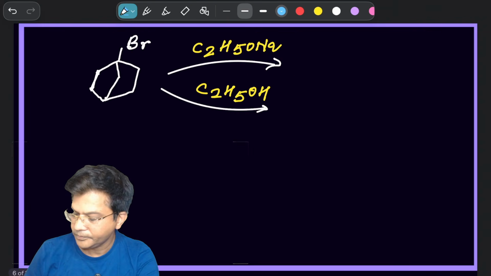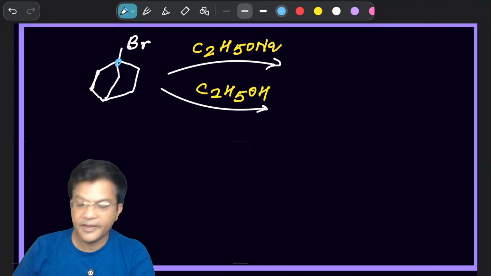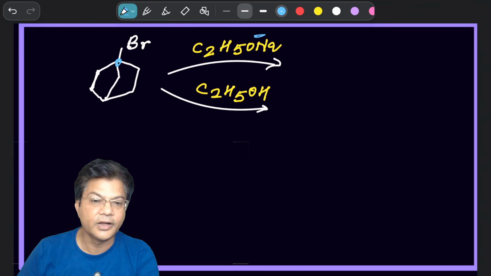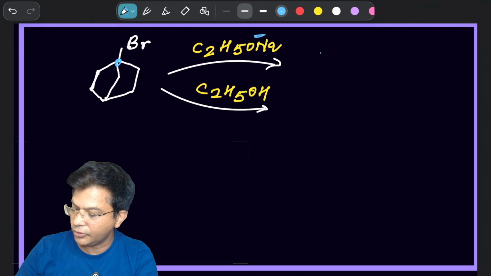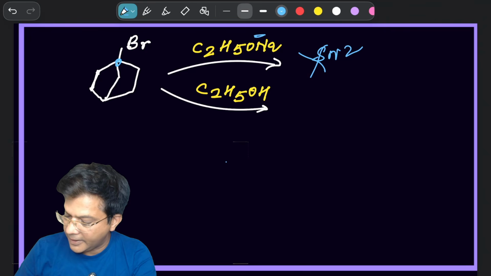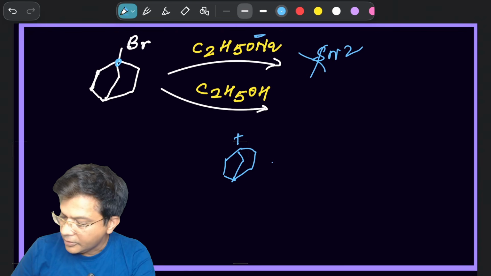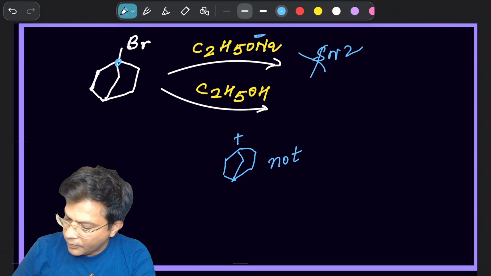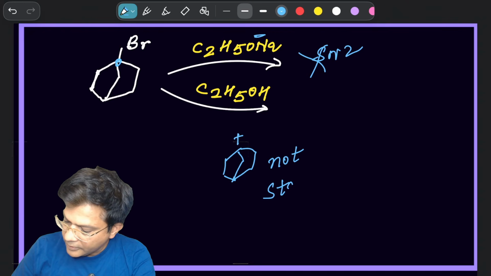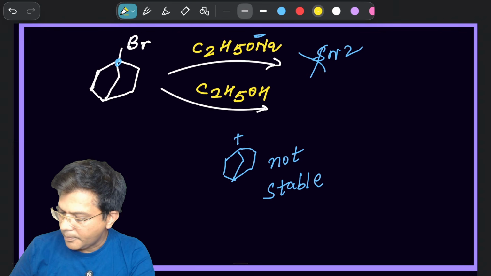Now this is going to follow Bredt's rule. If it is saying I will attack on one side, it is 3 degree, so no SN2. Now it is saying I will form carbocation, but remember that this carbocation is not stable, so it will not get formed because it will violate Bredt's rule.